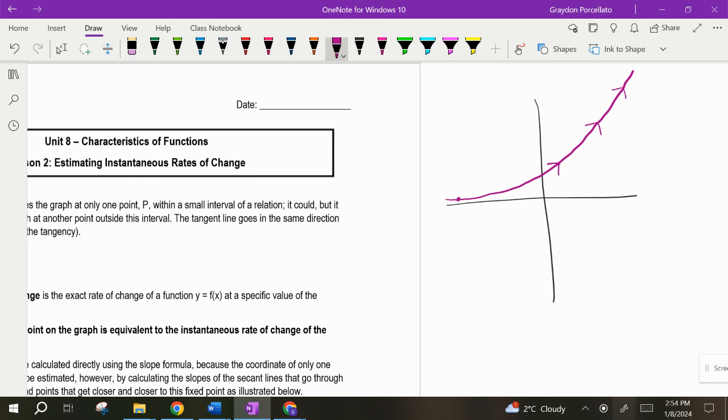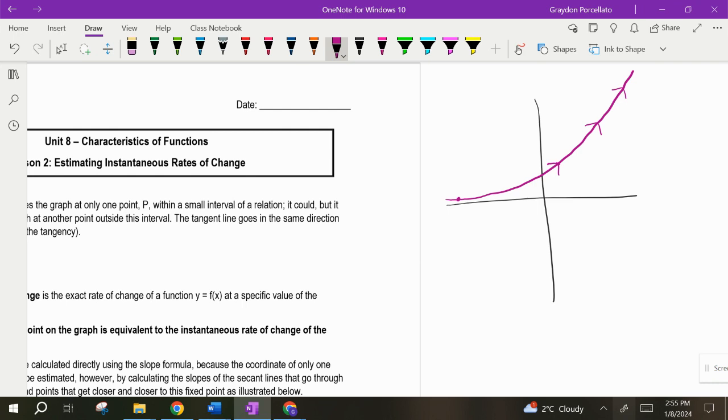At no point on this graph are your slopes the same. Now they could be very, very close, very similar, but at no 2 points are your slopes the exact same. So we say that in most nonlinear functions, your slopes are changing.